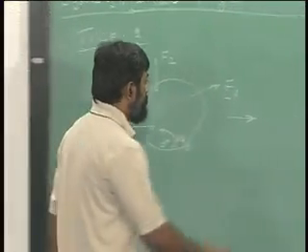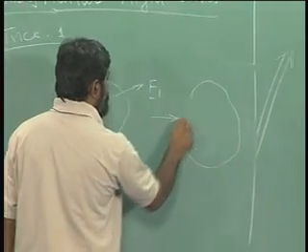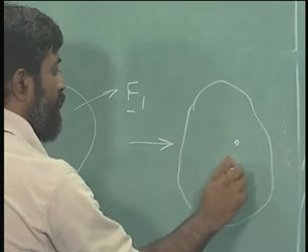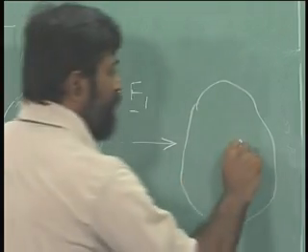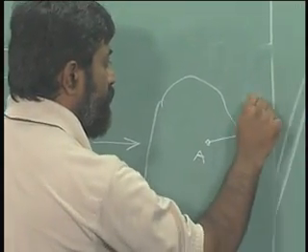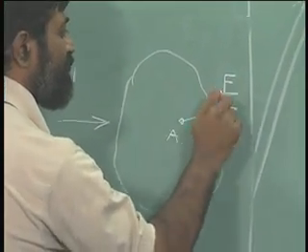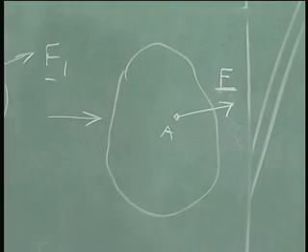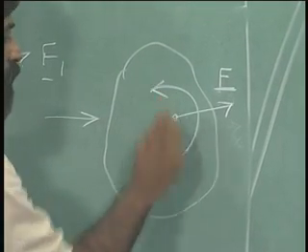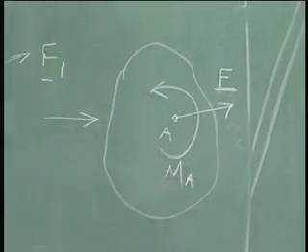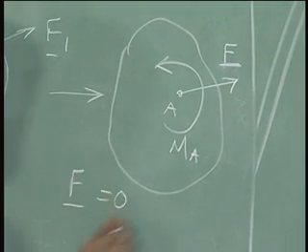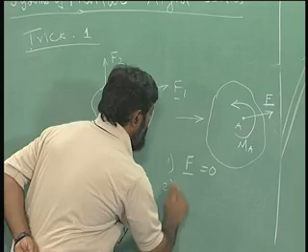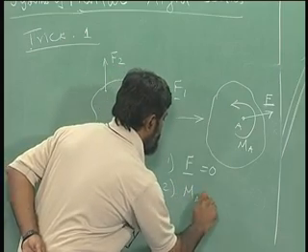So I can arbitrarily choose a point A, find the resultant force F and the resultant moment Ma, so that I can write these two equations.